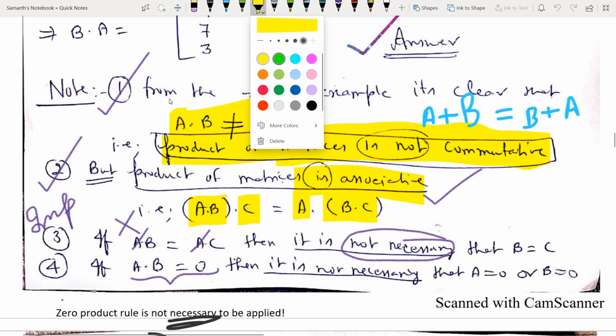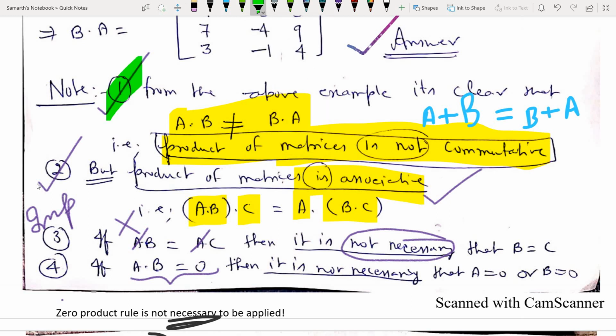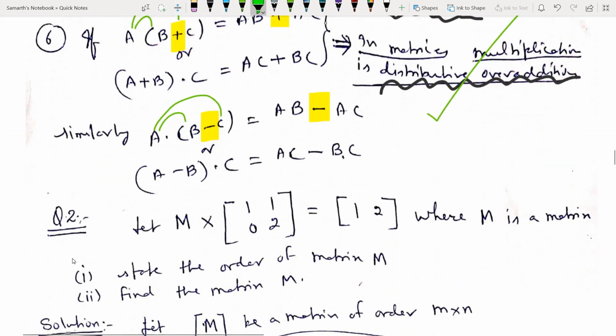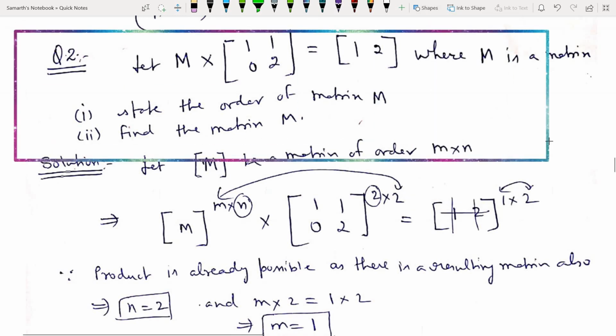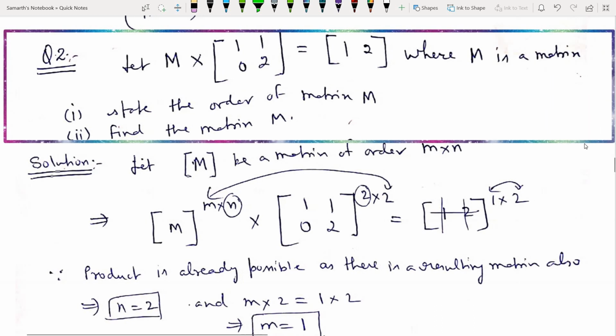Now let us discuss one more example, question number 2. Let M be a matrix multiplied by the square matrix [1 1; 0 2], and the resulting matrix is [1 2], where M is a matrix.